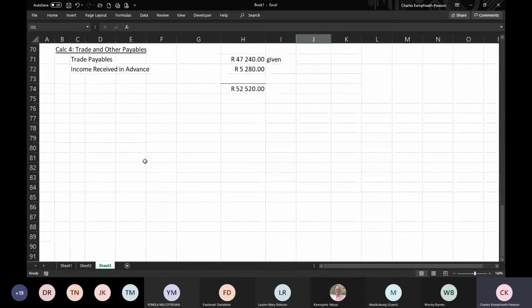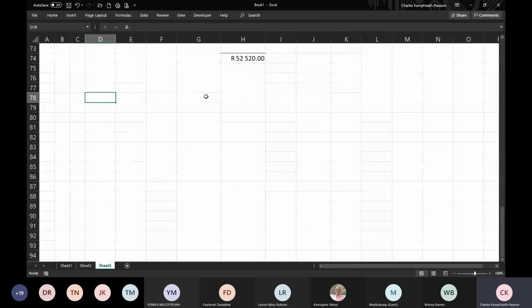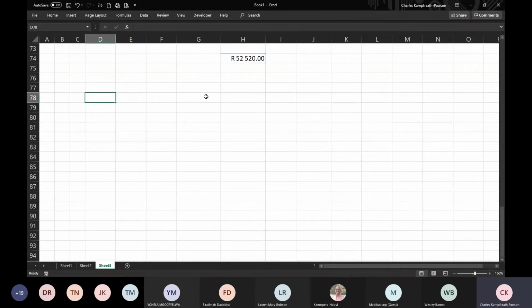Okay, so how the allowance usually works. Say for instance in year 1, the year the company started, the allowance for credit loss opening balance was 0.